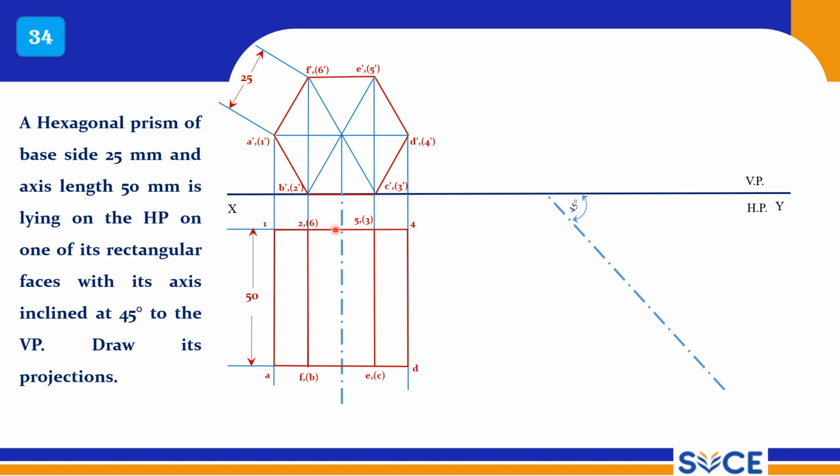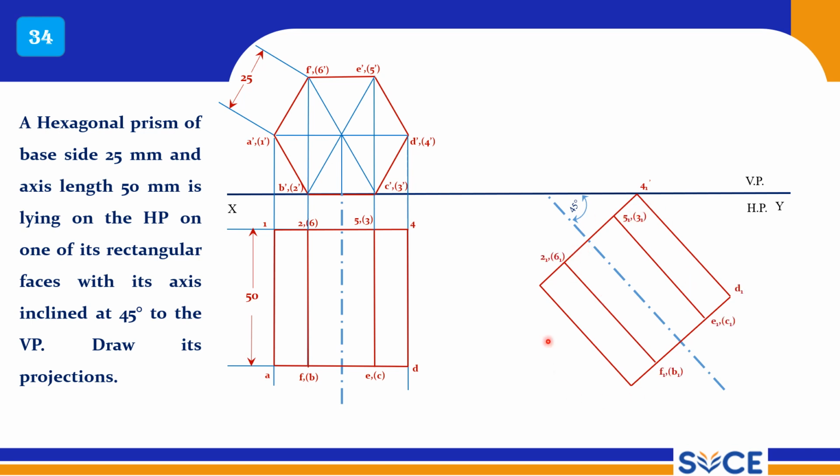So measure this much and measure this much, from center towards 1 and from center towards 4, and draw perpendicular to this line. Either it can touch VP, or even without touching you can do little away. It is better if you do a little away, that will give you a good and aesthetic look, and complete the tilted view. So this is the tilted top view.